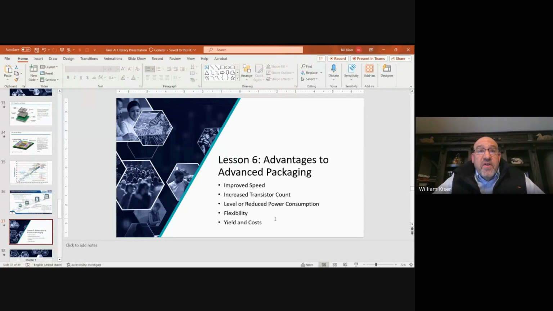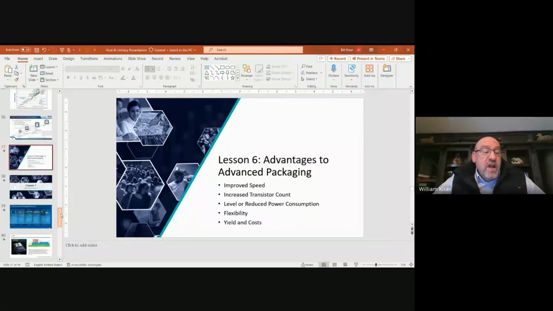Also, if you go smaller and smaller, if you're able to put different size chips together without suffering a performance penalty, then your yield goes up and your costs go down, because you're not building one inch chips, which have lots of issues, particularly in lithography and in yield, right? So advanced packaging has significant advantages, and you saw it in the gain, the whole 1 to 2 decade gain in performance against Moore's law.